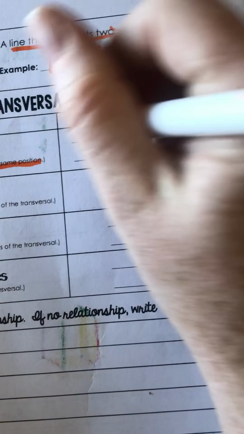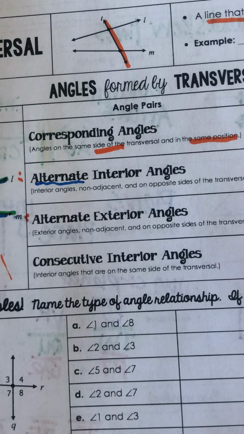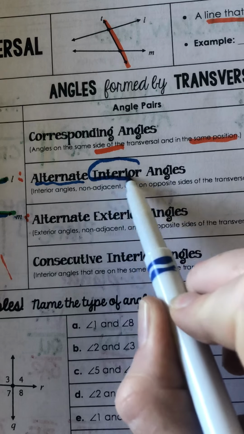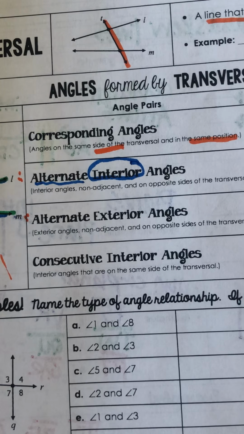Okay, next is alternate interior angles, and luckily the name helps you figure out what they're talking about. So they need to alternate or switch sides across your transversal, and then they have to be on the interior of the two lines.